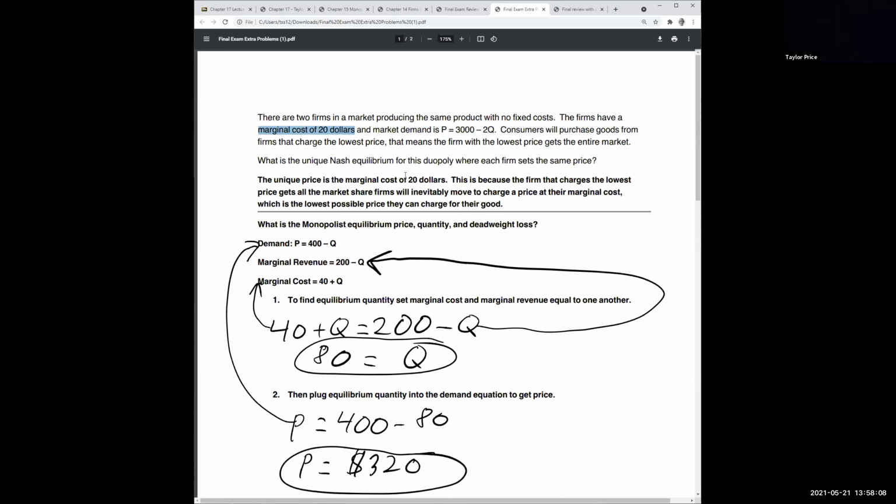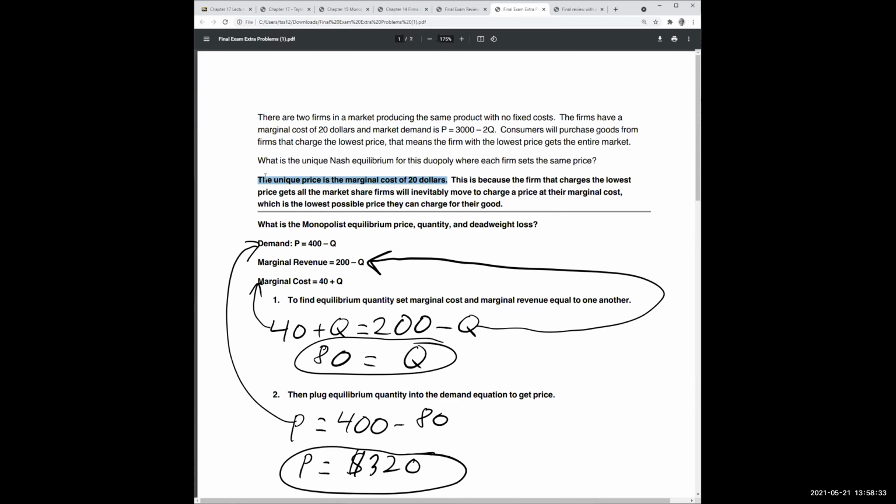So the ultimate outcome of this game is that the price is going to be the marginal cost of $20, because that is the lowest price the firm can charge where they are still not losing any money.